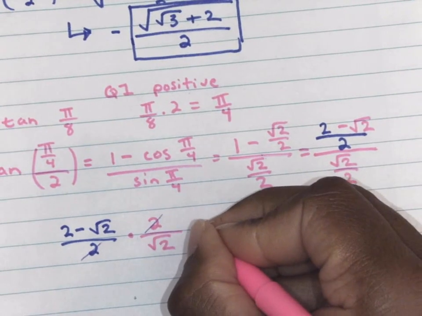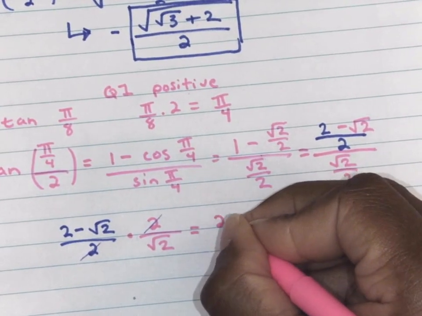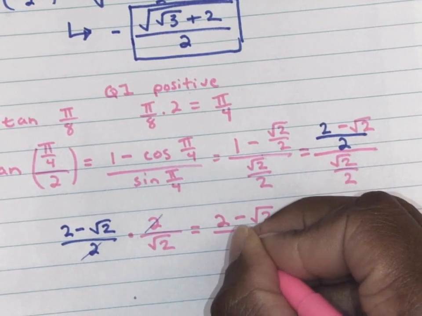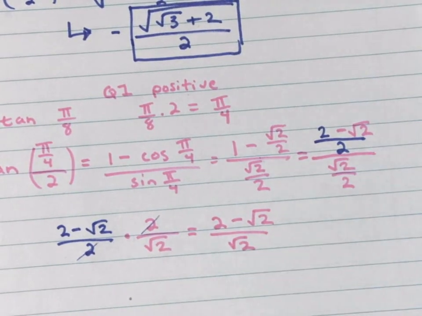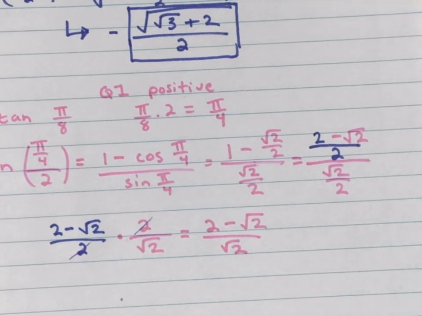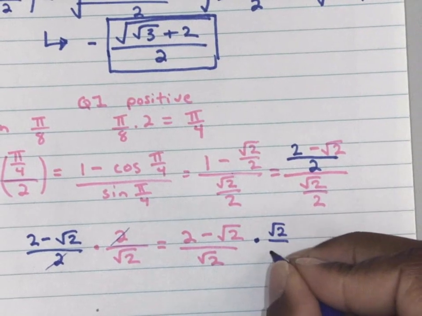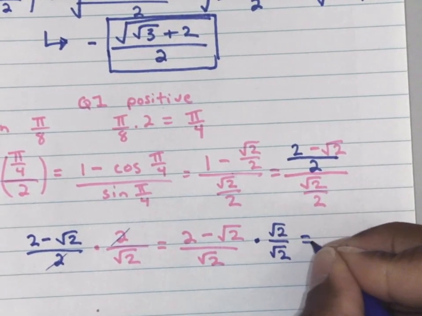What I'm left with is 2 minus root 2 over root 2. That's my answer, but I shouldn't leave it like that. So let's do some simplifying. What I would do is multiply the top and the bottom by the square root of 2.